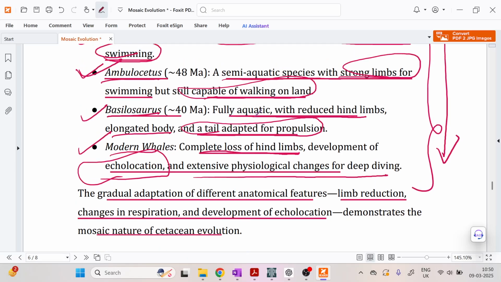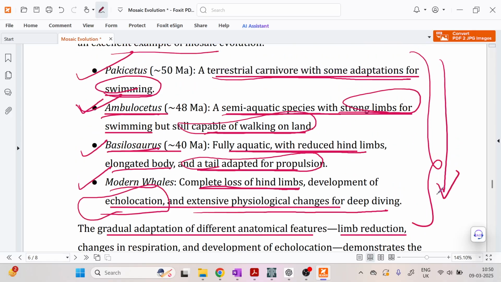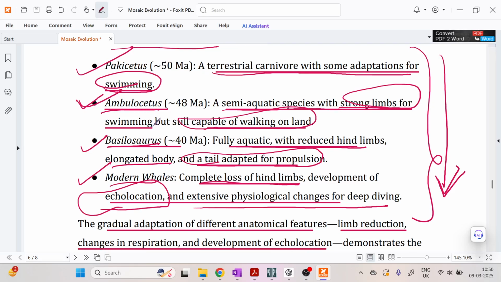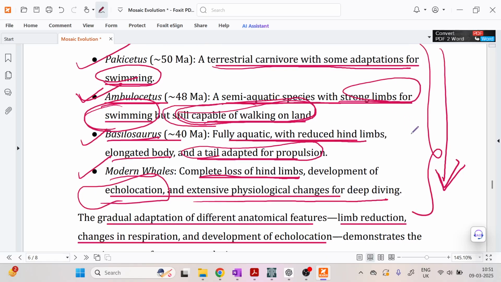So when amphibian characteristic develop from Ambulocetus to Basilosaurus, यहाँ पे ये देख सकते हैं कि they walked on land but they were also capable of swimming. But to survive an aquatic lifestyle, hind limbs, which you can compare with our legs, needed to be reduced.